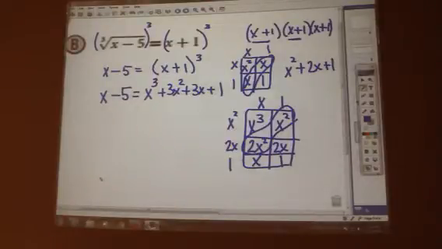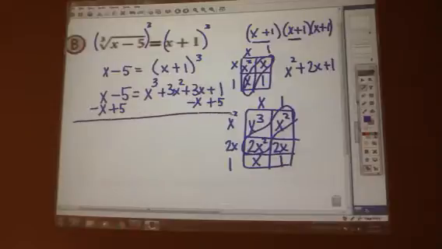Any questions so far? Okay, so I have to solve for x. So what would be my next step? Okay, move the x minus 5 over here on this side. So I'm going to minus x and add 5.